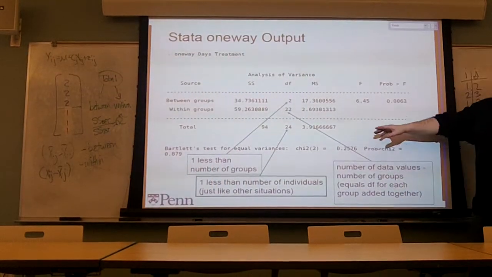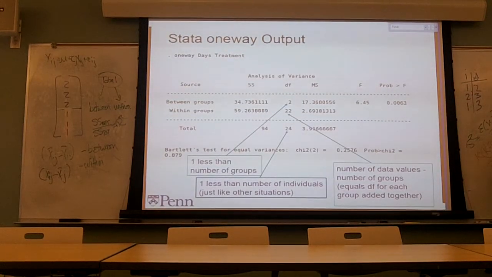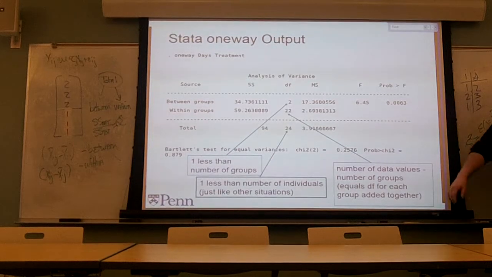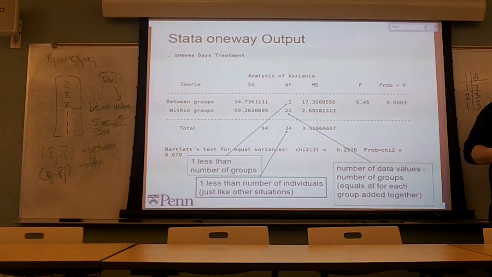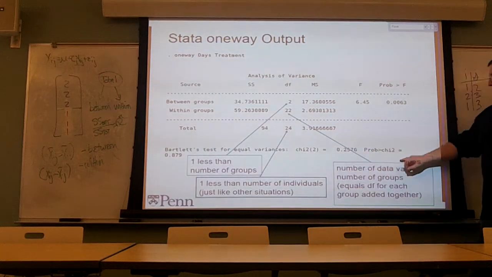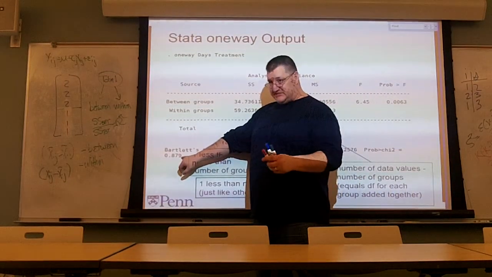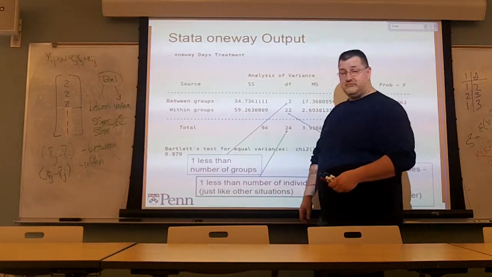If I use the oneway command in Stata, I can only use that for one-way ANOVAs. That is, if I only have one factor. The oneway command will also do a statistical test for the homoscedasticity assumption. It'll do something called Bartlett's test. The p-value for testing to see if the variances are different is pretty big.